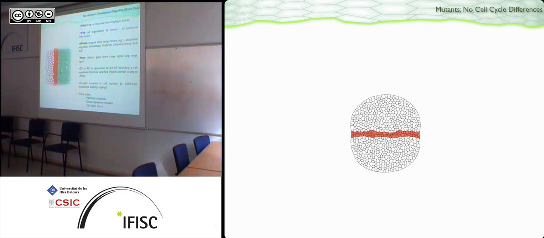Yes? But then by hand you're just putting that it will be 2 cells wide all the time? No, because this is going to grow. They can exchange, they can move. You will see how important all these parameters are in there.